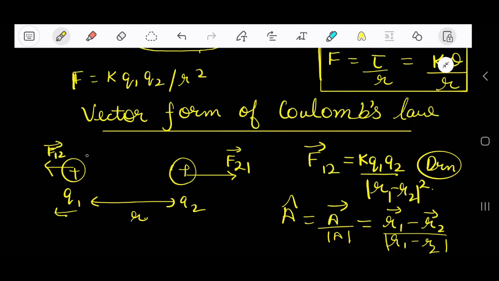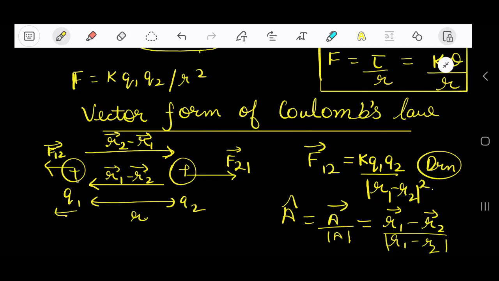Since if we see the direction towards right side, then it will be given as final minus initial, r2 minus r1 vector, while in the left side it will be given as r1 vector minus r2 vector.